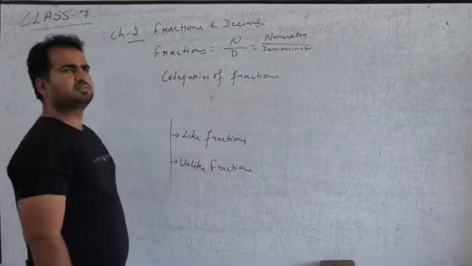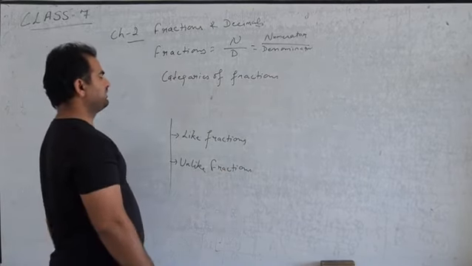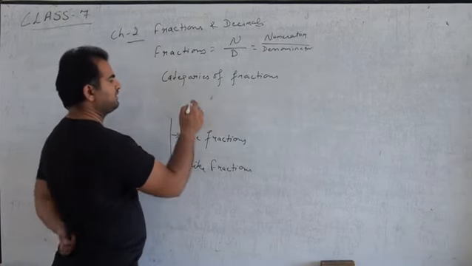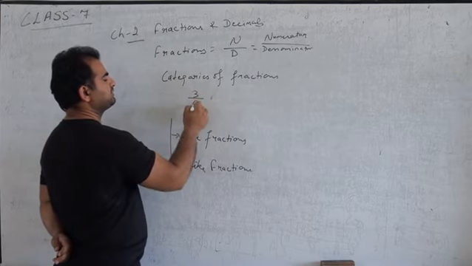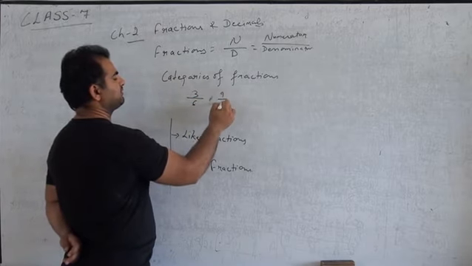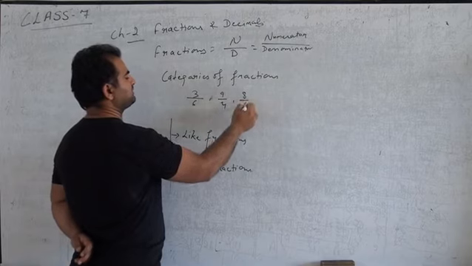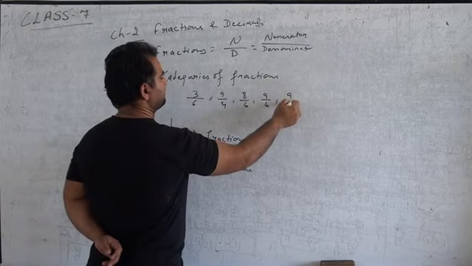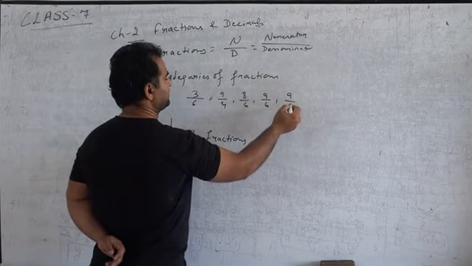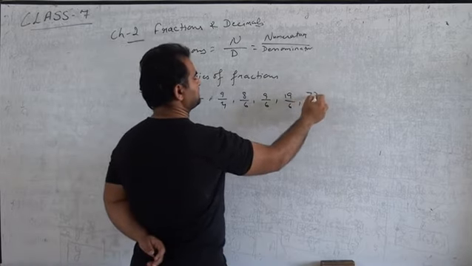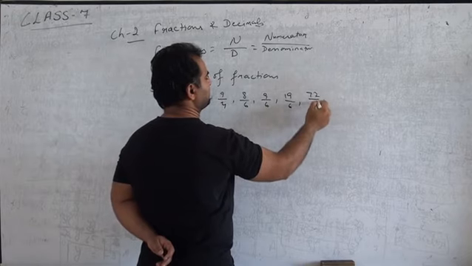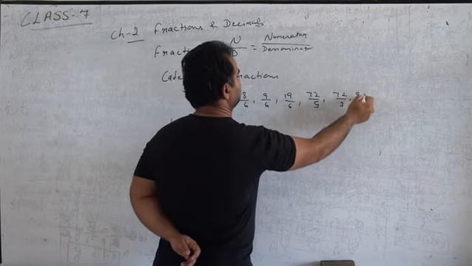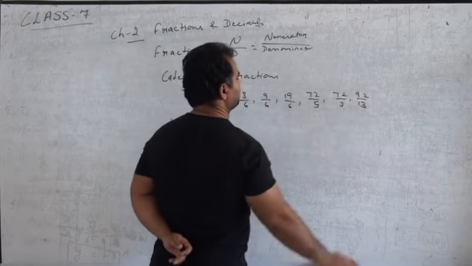If some fractions are given, we have to categorize them into like and unlike. For example, 3 upon 6, 9 upon 4, 8 upon 6, 9 upon 6, 19 upon 6, 72 upon 4 or 5, 72 upon 3, 92 upon 3 or 13.